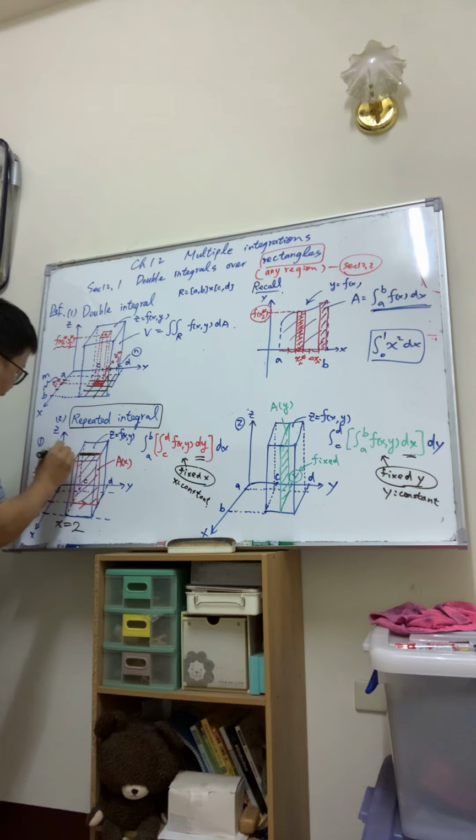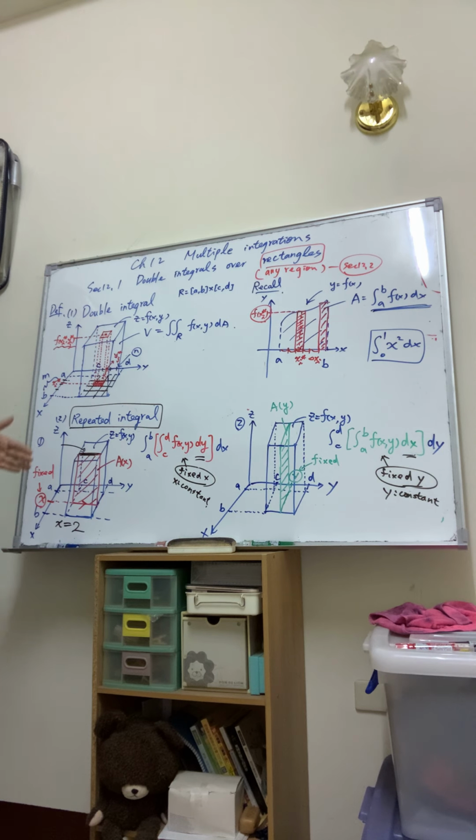It's an intersection, and it's a line, and in each point in this intersection, its x coordinate value must be 2, right? And the y coordinate value, y is some number between c and d. And z equals f of 2, y.